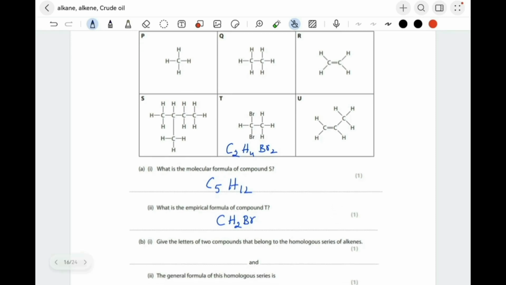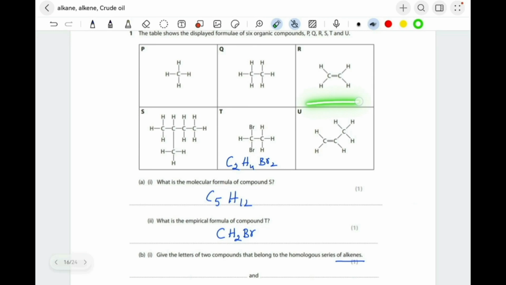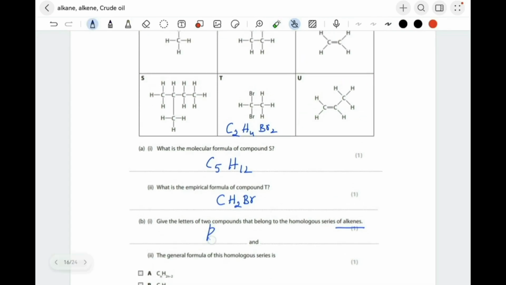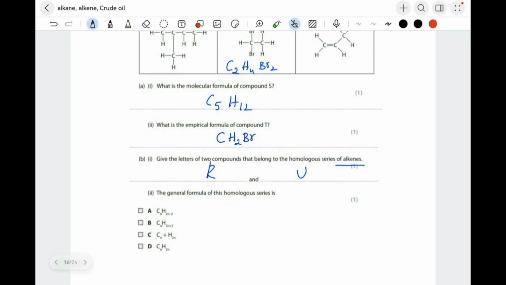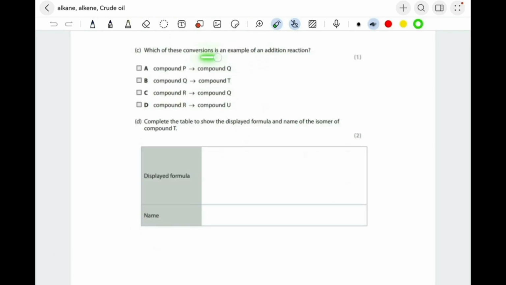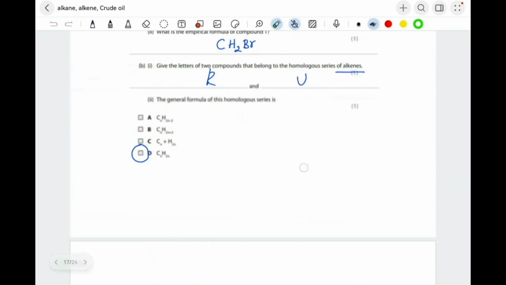CH2Br. Give the 2 letters that belong to a homologous series of alkene. Here we have only 2 alkenes, which is R and U. The answer is R and U. What is the general formula of the homologous series of alkene? General formula of an alkene is CnH2n. Which of these conversions is an addition reaction? For an addition reaction, it should start.